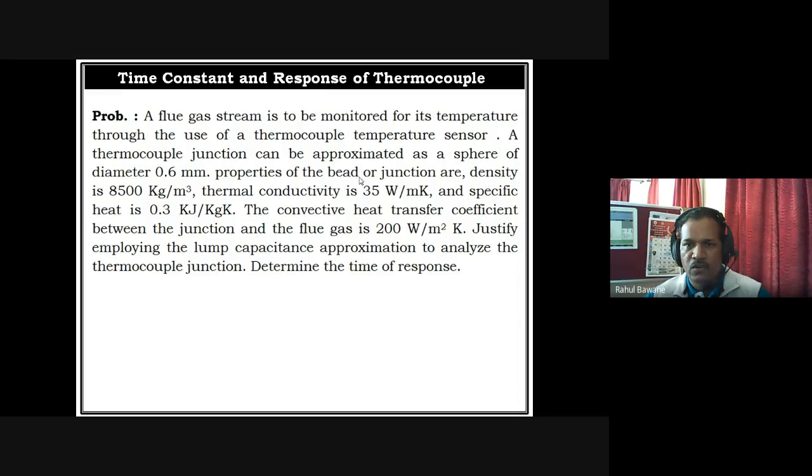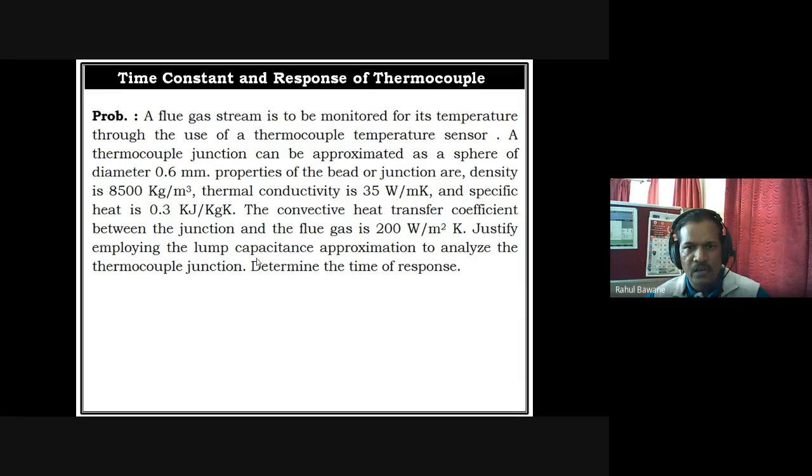Properties of the bead or junction are density 8500 kg per meter cube, thermal conductivity 35 watt per meter Kelvin, and specific heat 0.3 kilojoule per kg Kelvin. We have to convert this into joule per kg Kelvin. The convective heat transfer coefficient between the junction and the flue gas is 200. This is the h value.